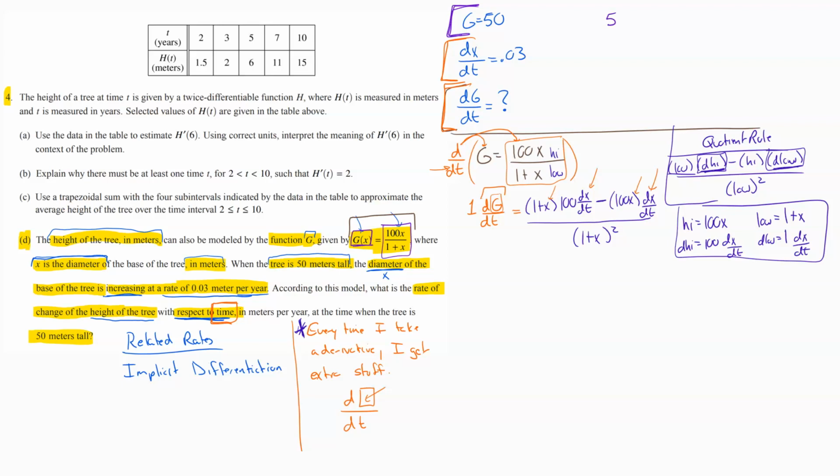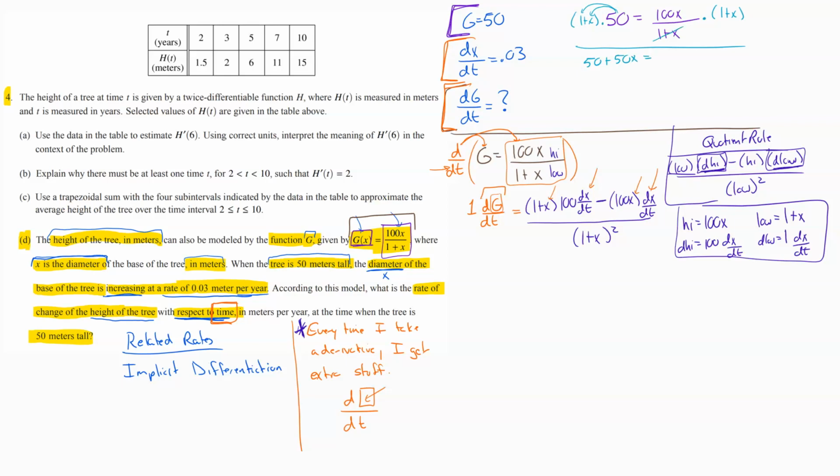So we would say 50 equals 100x over 1 plus x. And now we'll solve that equation to get x by itself. So first move here is I would multiply both sides by 1 plus x to get that out of the bottom. As I do that, multiplying through here, 50 times 1 would get me 50. 50 times x would get me a plus 50x.